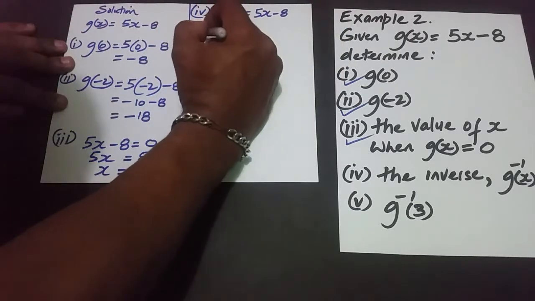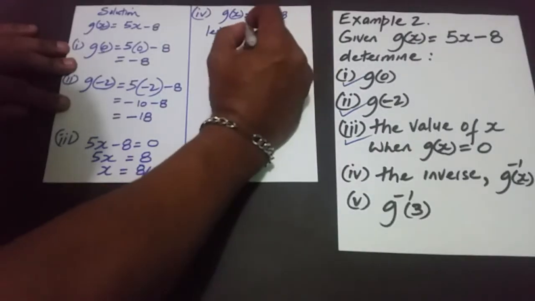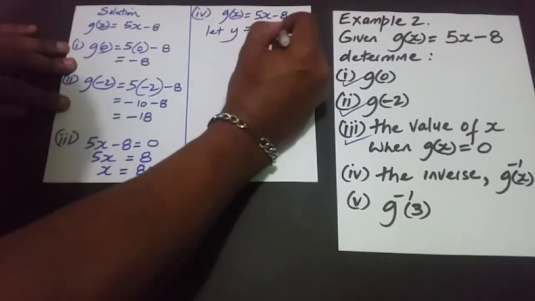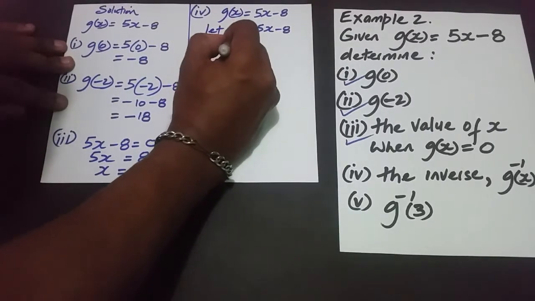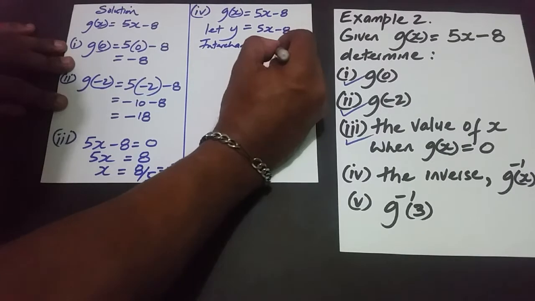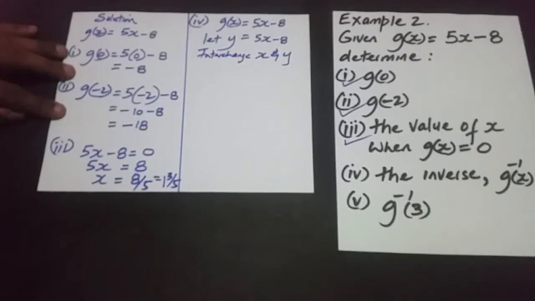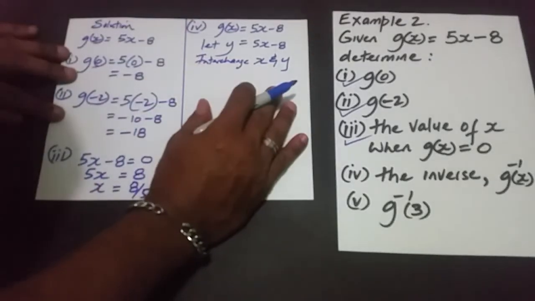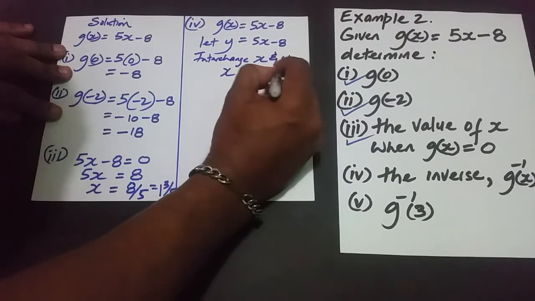Now our first step is to let y, these are just given steps, so just follow the instructions. So let y equal 5x minus 8, and then interchange x and y, which means just to switch their positions, okay? So wherever y is, we're going to put x, and wherever x is, we're going to put y.